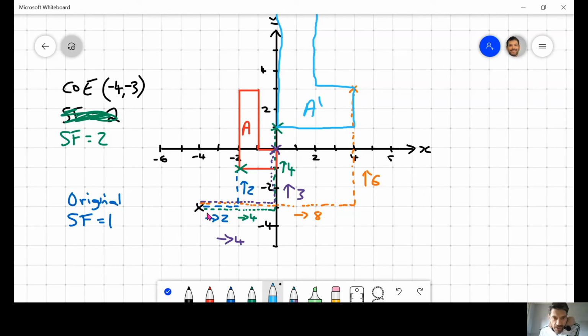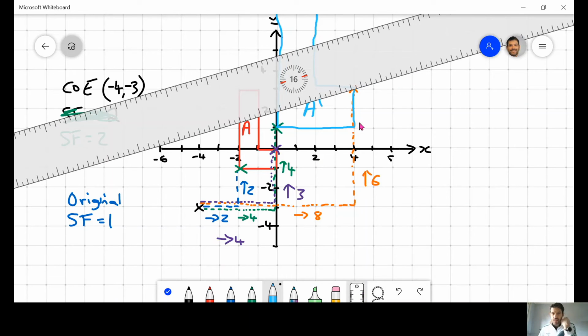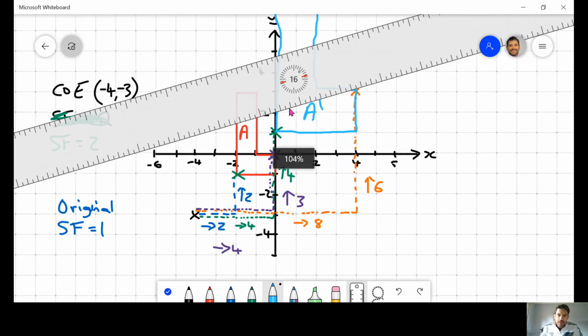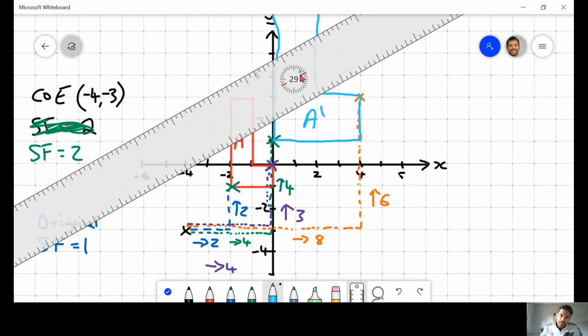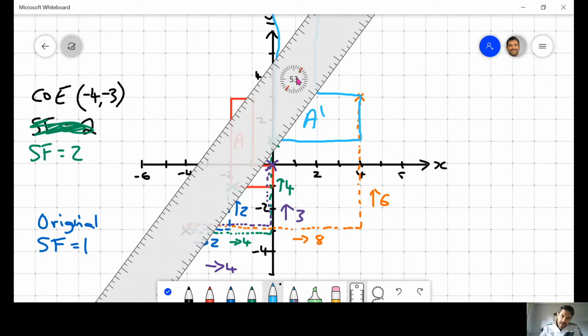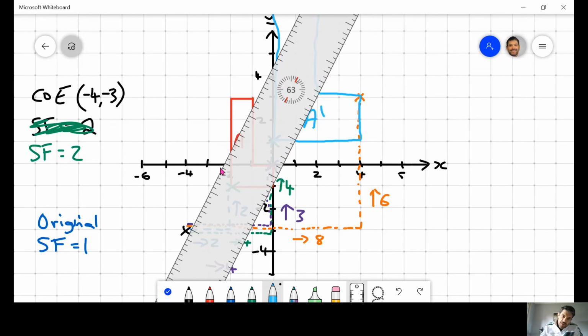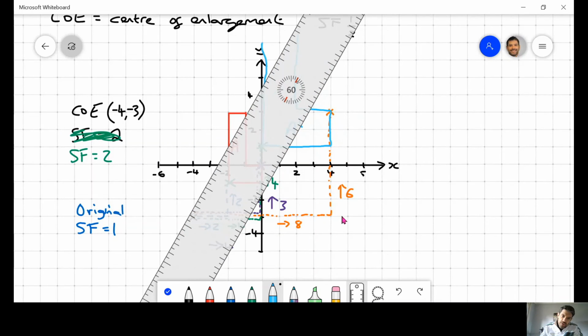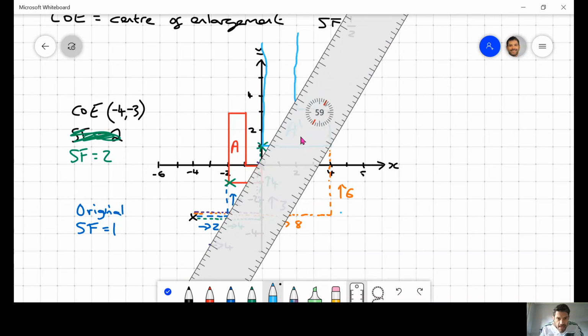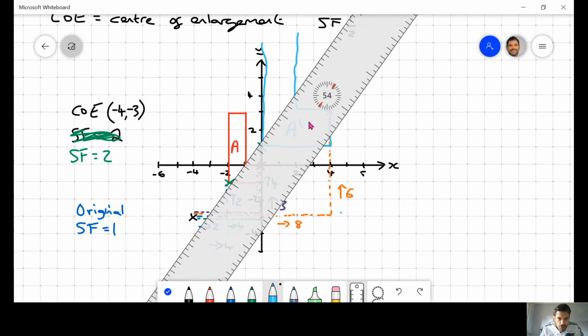Now, what I want you to notice is this torch scenario. Again, better at using this ruler, but not the best. If we line up the center of enlargement with any of the vertices of the original object.